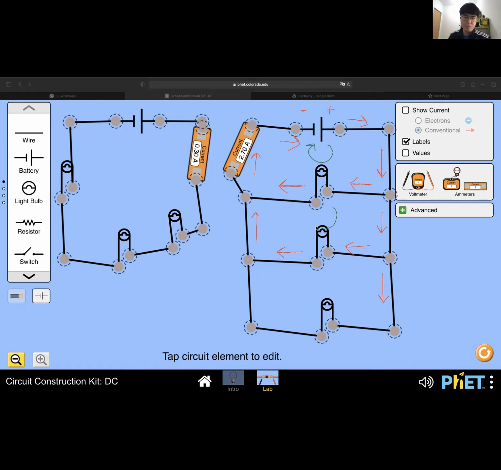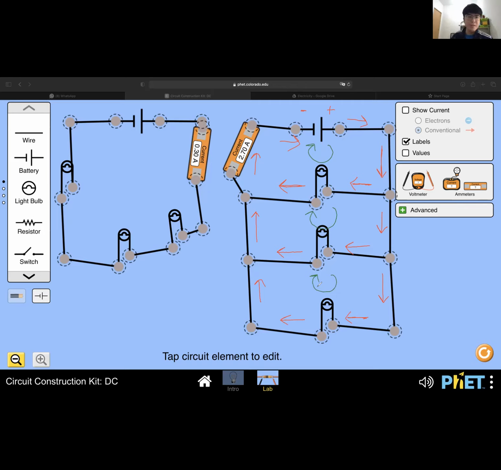That's the second loop. And the last one, the current goes here, only one path, right? So it has to turn over here and come back. So you have the third loop. You have three loops in this parallel circuit.